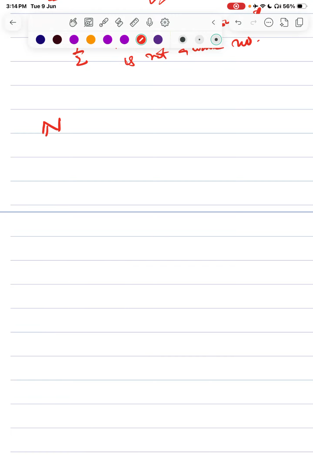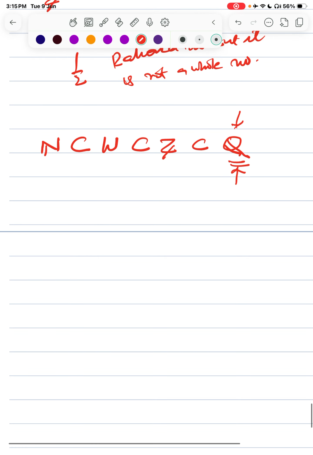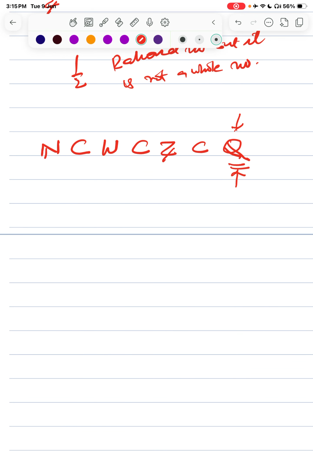From the above observation, we can say the set of natural numbers is contained in the set of whole numbers, the set of whole numbers is contained in the set of integers, and the set of integers is contained in the set of rational numbers. So up to now, the set of rational numbers is the biggest one, and all the other sets are contained in it.